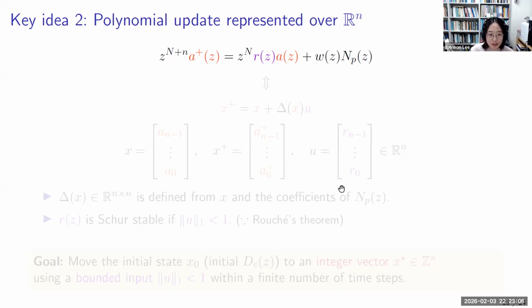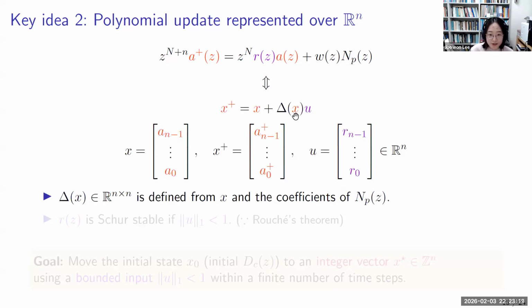So our next idea is to express this update of polynomials as a dynamic system over R^n, like this. So here, A corresponds to this vector x, since vector x just consists of the coefficients of polynomial A, and that also holds for x plus.